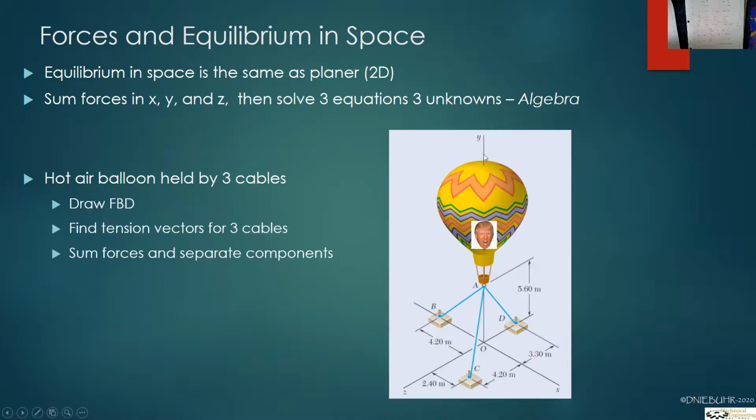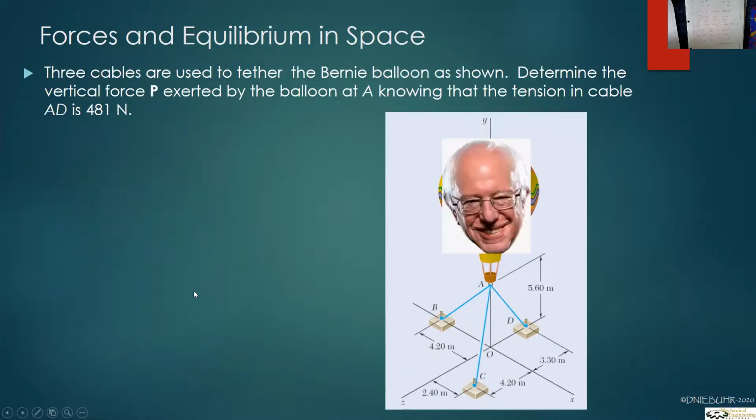And we're also trying to find the buoyant force that the hot air is causing. So the way you approach this is you draw the free body diagram, sum the forces in the x, y, and z, and then separate them into their respective components.